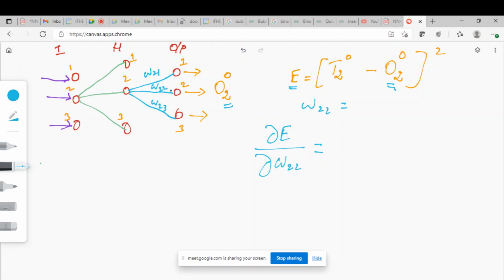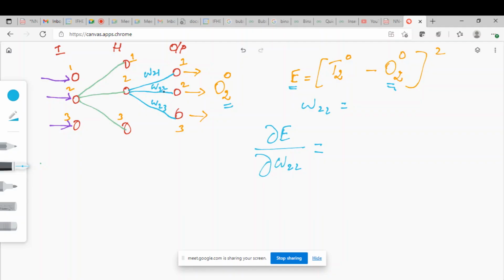Okay. So what is the input here? What is the input received at neuron 2 of the output layer? Try to answer.